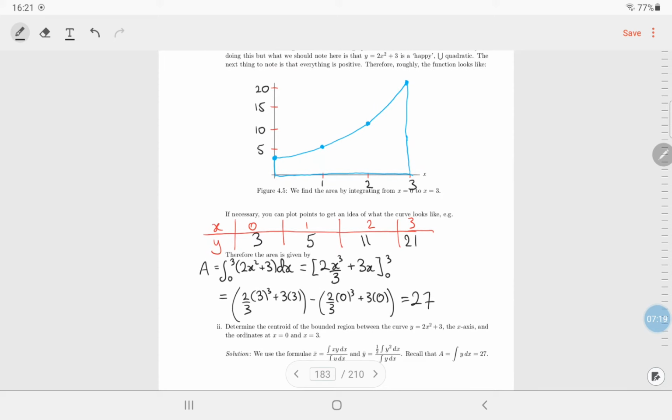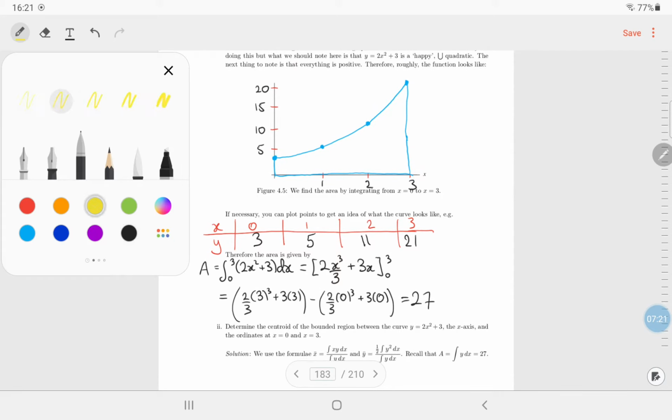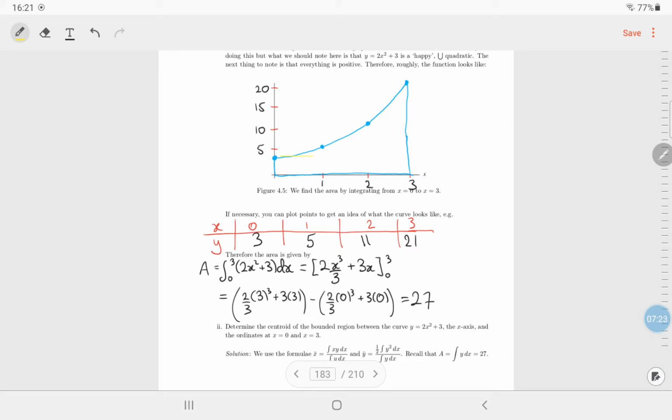It's a good idea if you have a picture. You know that the area is going to be less than the area made out of the rectangle and the triangle, because you can see it's less than it. So this has area 9, and this area is half the base, which is 3, and the height going from 3 up to 21 is 18. So that'll be 27.